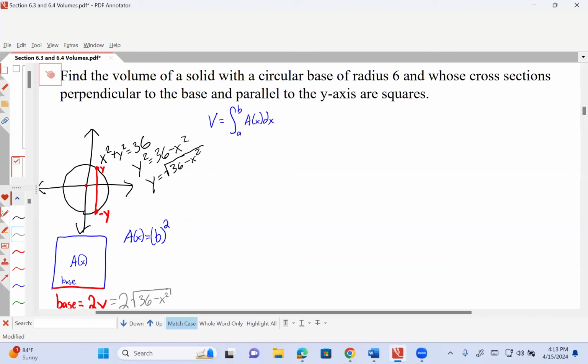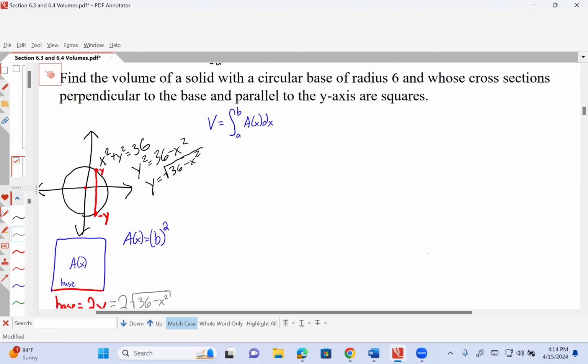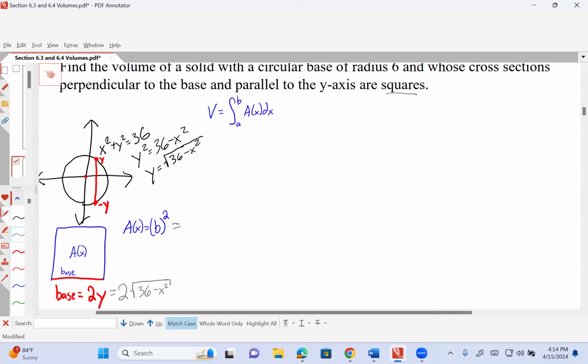We're trying to find the area of the cross section that is a square. So again, the base squared is the area, meaning we're squaring this base. The area is really 2 times the square root of 36 minus x squared, all of that squared. Which gives us our integral we want to solve: the integral of 4 times (36 minus x squared) dx.